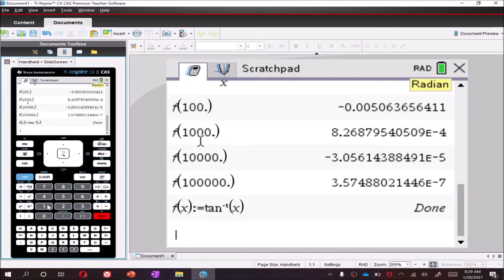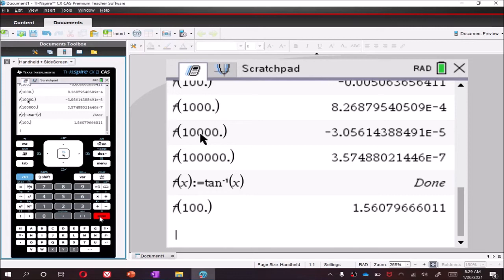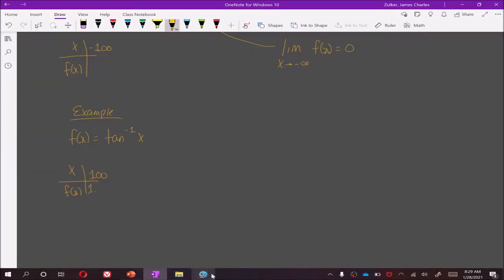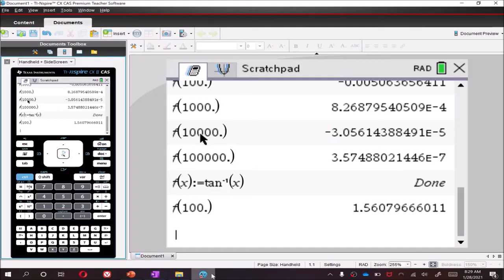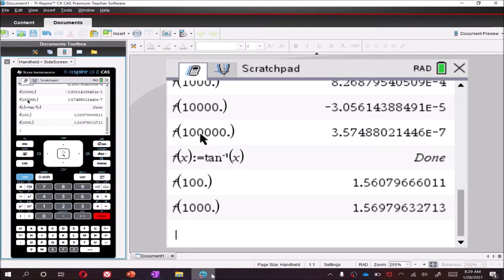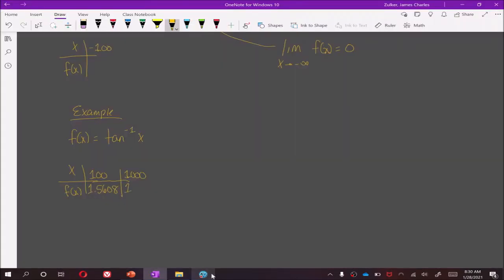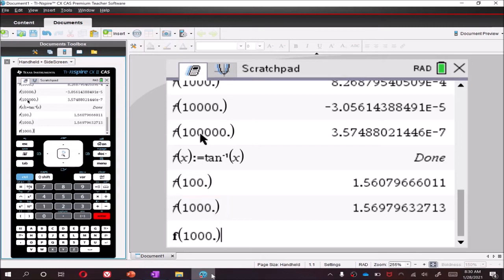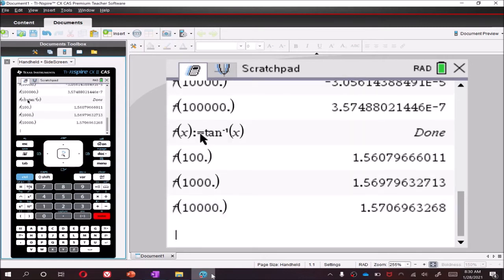Again, make sure we're in radians. f of 100, 1.5608, let's say. 1,000, 1.5698, let's say. 10,000, 1.5707.